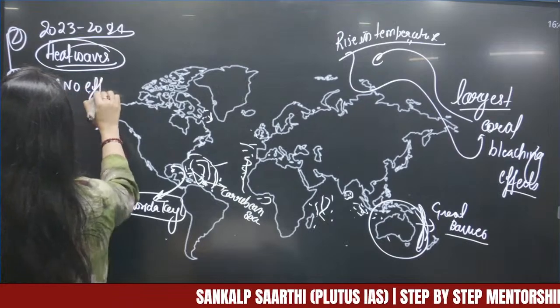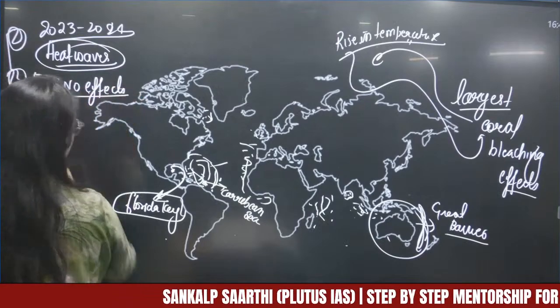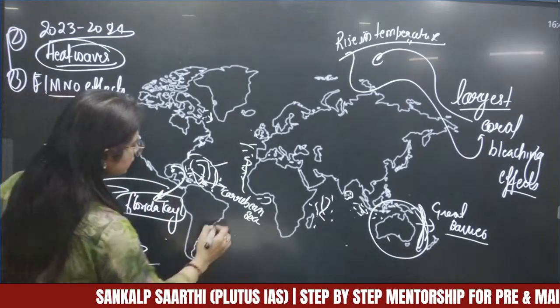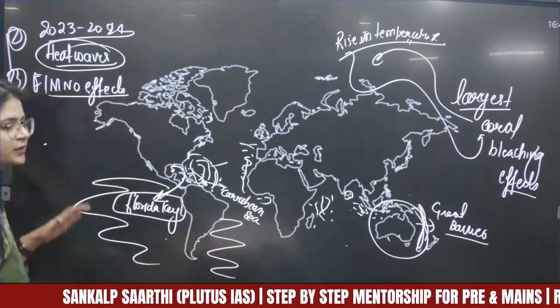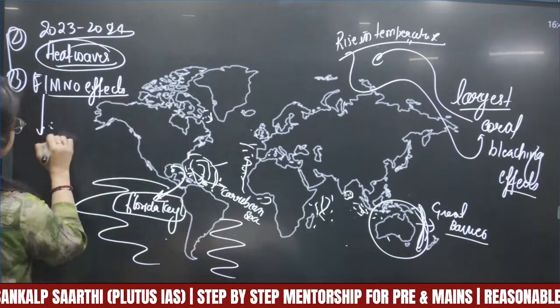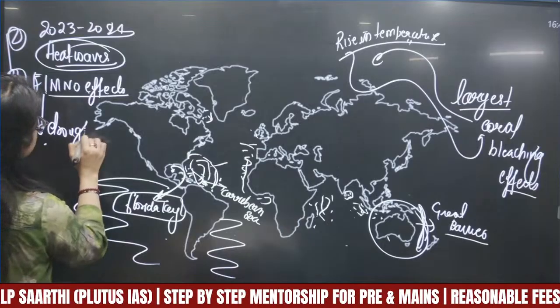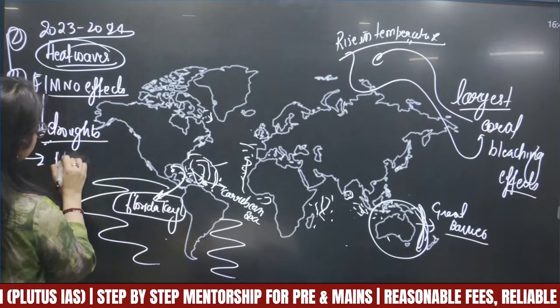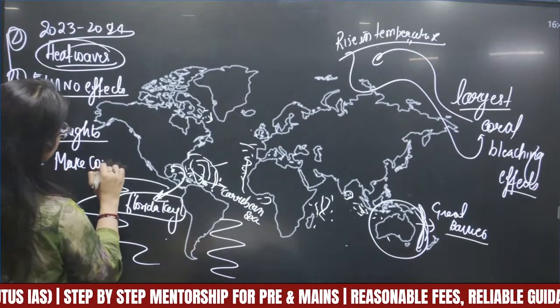What do you mean by El Nino effects? Whenever the temperature of the oceans is more than usual, warmer than usual, you will have the El Nino effects, right? It is associated with droughts, and also this will make coral formation difficult.